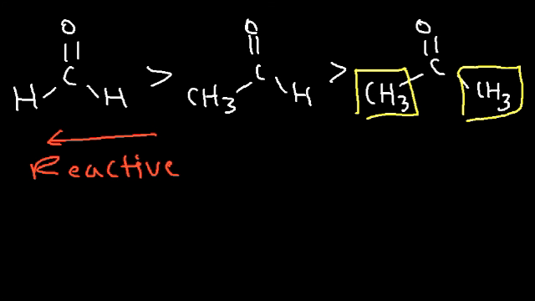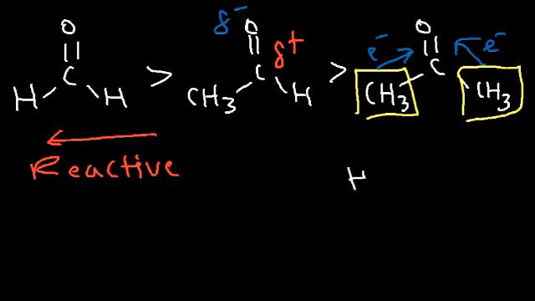the methyl groups are weak electron donating groups, and so they can donate electron density to the carbonyl group. Now, keep in mind, because the oxygen is partially negative, the carbon of the carbonyl group is partially positive. And so if you donate electron density to a partially positive carbon atom, it's going to be less partially positive. It's going to be more neutral, so less electrophilic.